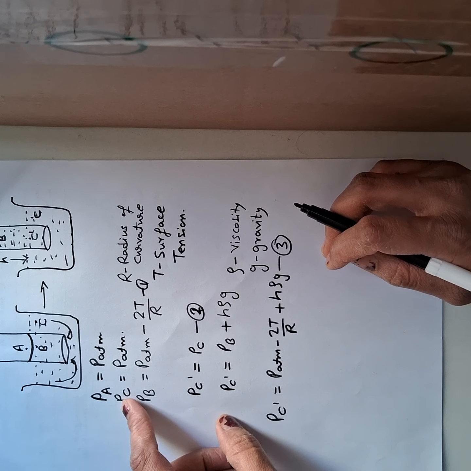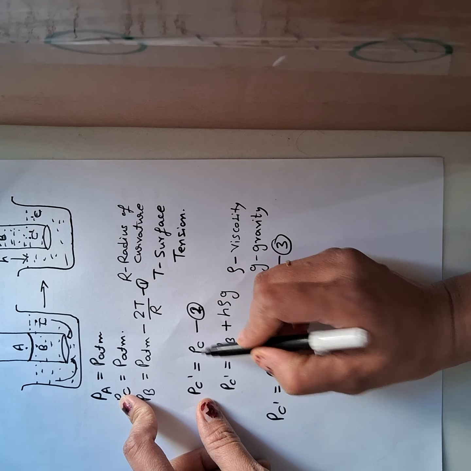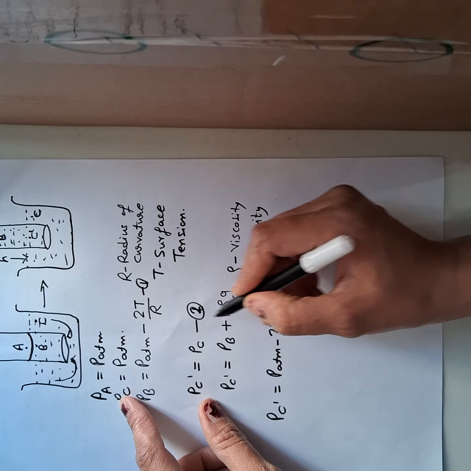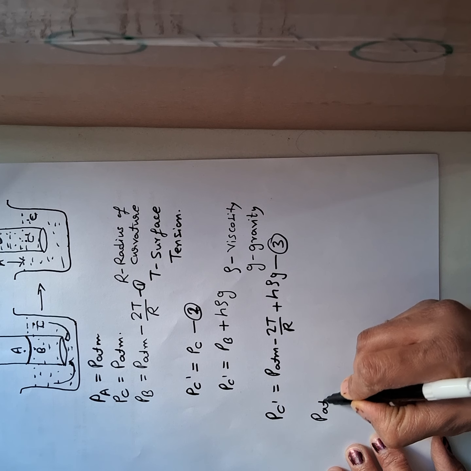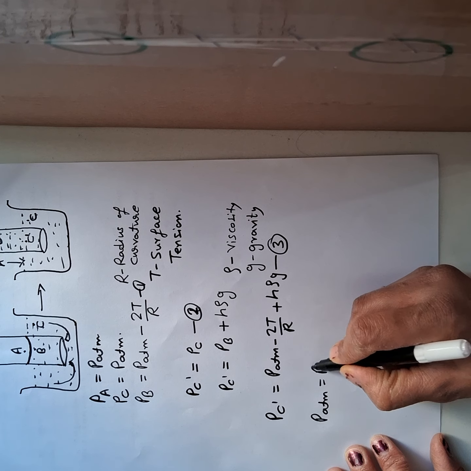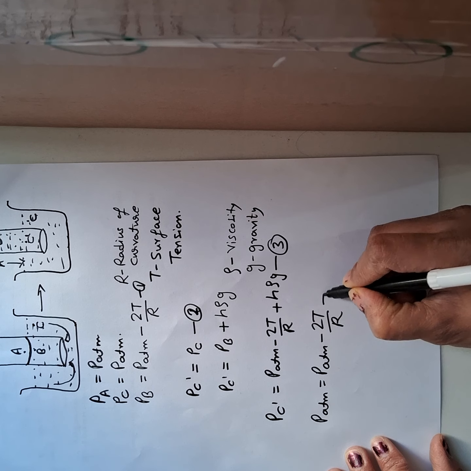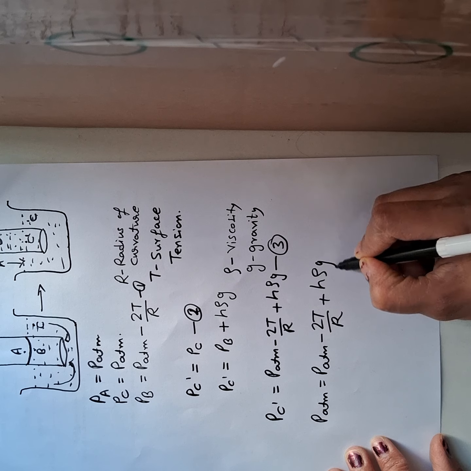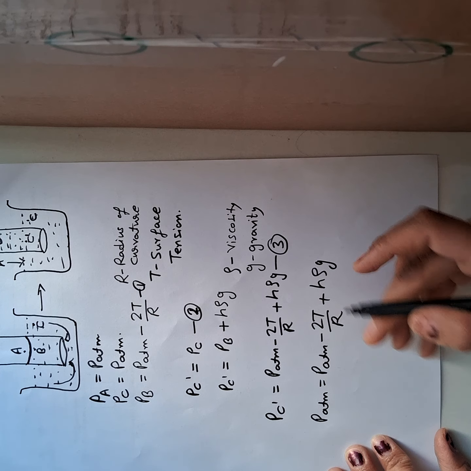But what is P C? P C is equal to P atmosphere, and P C prime is equal to P C. So from these equations we can say P atmosphere is equal to P atmosphere minus 2T by R plus h rho g. From this equation we can find the value of h.